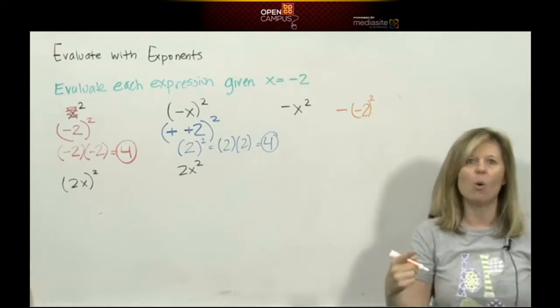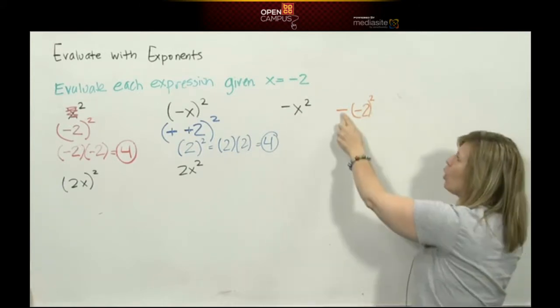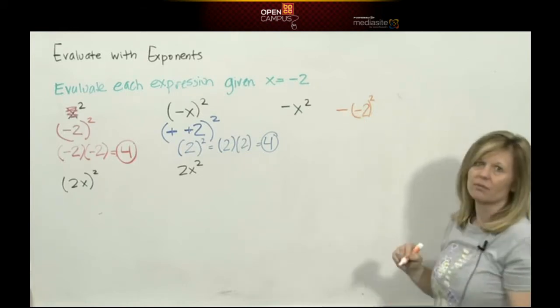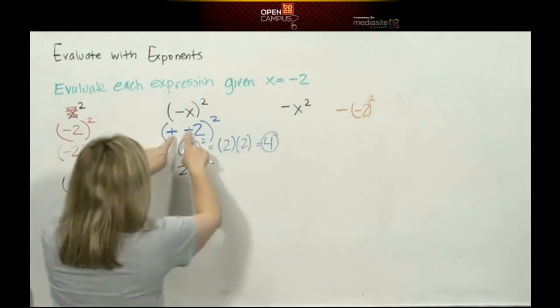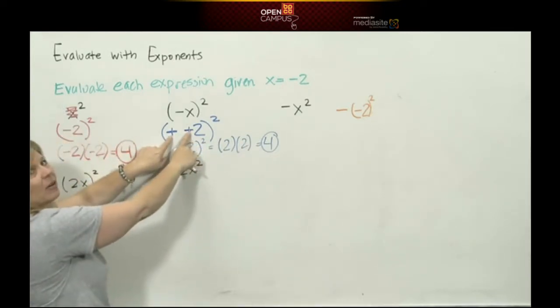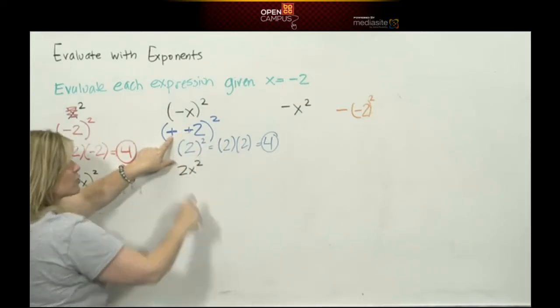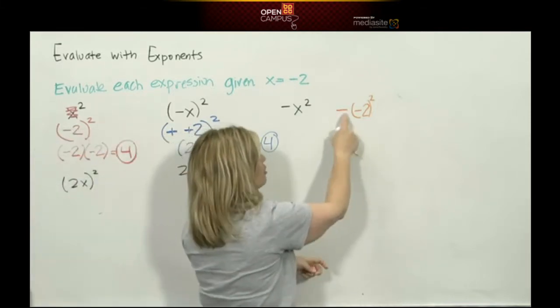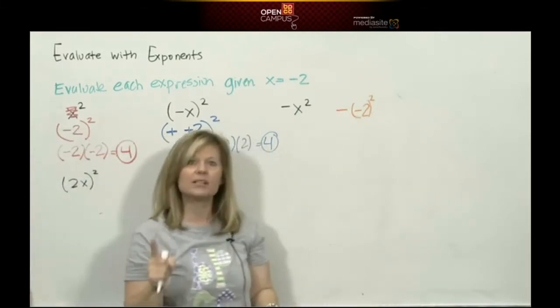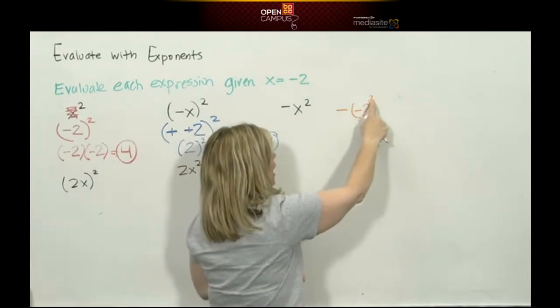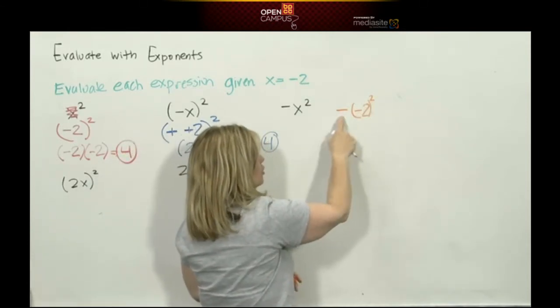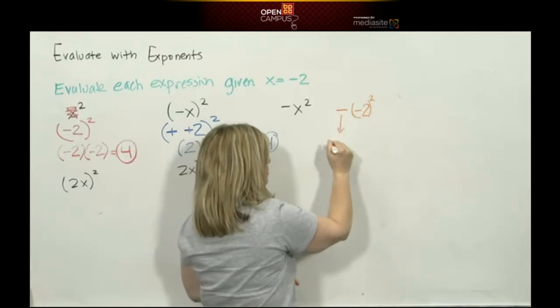So if we follow order of operations, we don't change the two negatives to a positive. They're not together. See, over here, the two negatives were inside parentheses together. So we had to do what was inside first. Over here, they're not together. And according to order of operations, we have to do the exponent. We are going to square -2. So this negative stays in front.